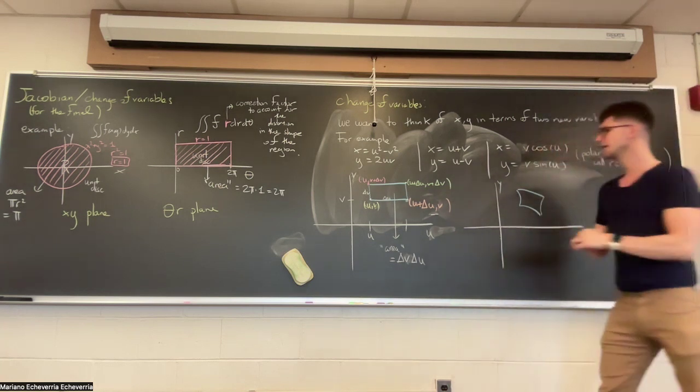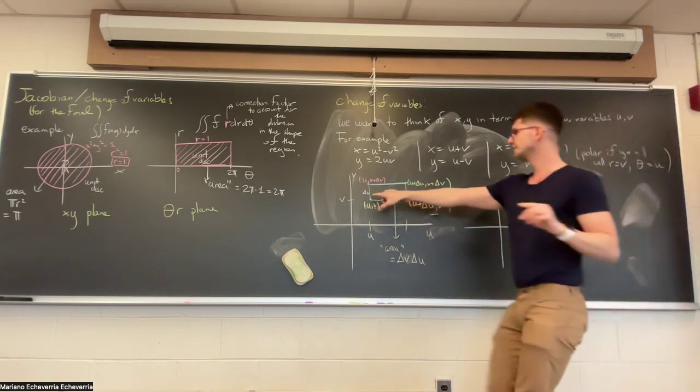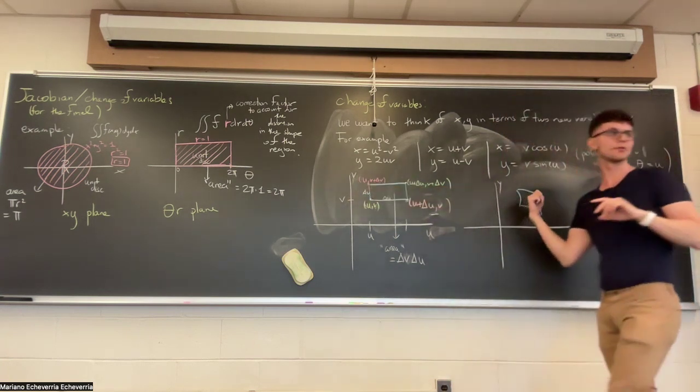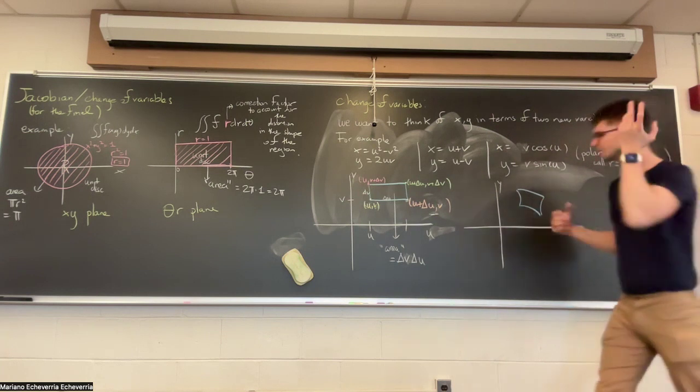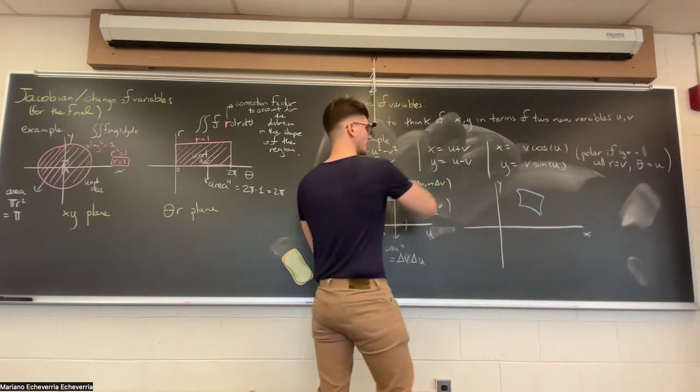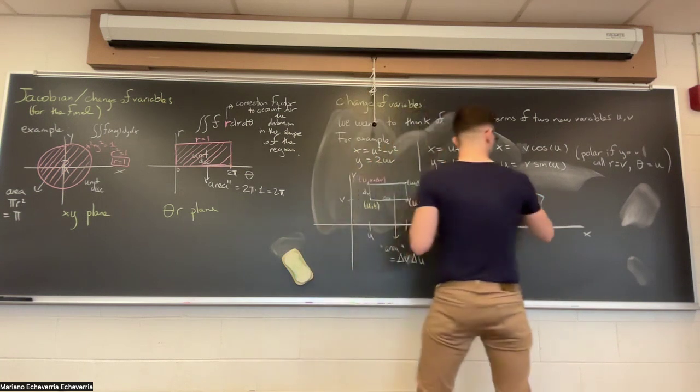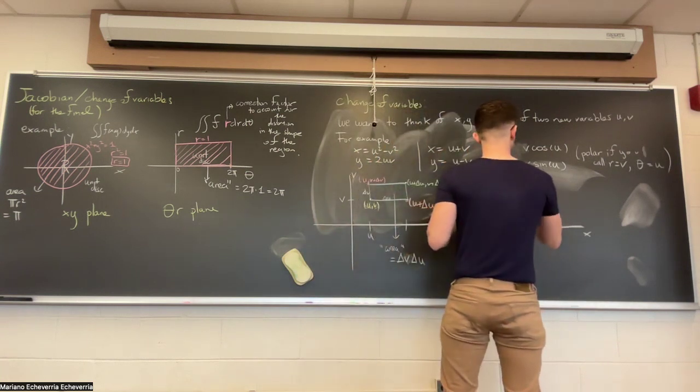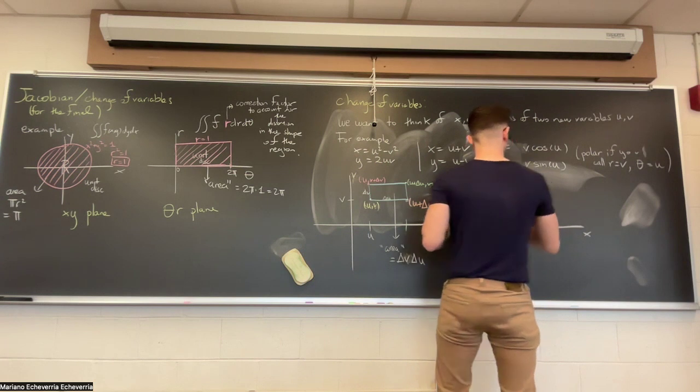Now what I'm saying is that each of these vertices corresponds to one of the corners that you see on the right hand side. To make our life easier, let's say this point corresponds to this point, and I'll call this point x comma y.